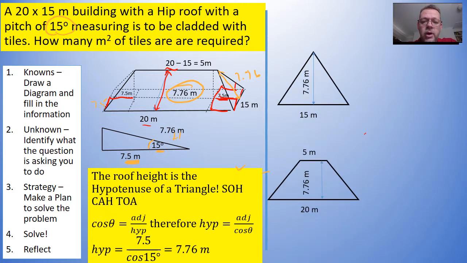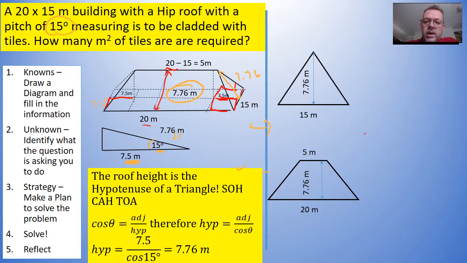So let's draw the triangles and the trapezia in. We have two triangles and two trapezia. We've calculated their dimensions, and it's important that you communicate these diagrams so I know that you're talking correctly. We can transfer the information from a fairly complex roof diagram into some simpler diagrams to calculate the area.